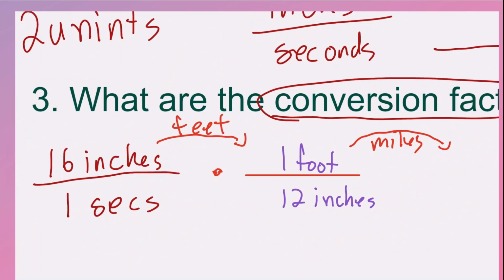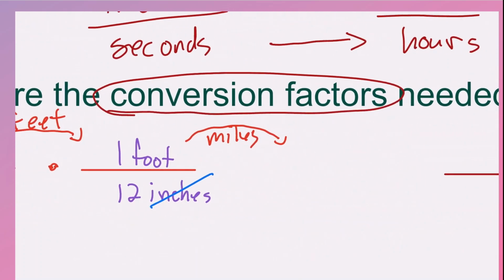In order to cancel these units, we need to alternate top and bottom, numerator to denominator. That's how they cancel out, and this is how you can know that you're on the right track. Now that I've canceled out inches, I'm going to convert feet to miles. I'm trying to cancel out feet, so I'm going to start with feet on the bottom and miles on the top.